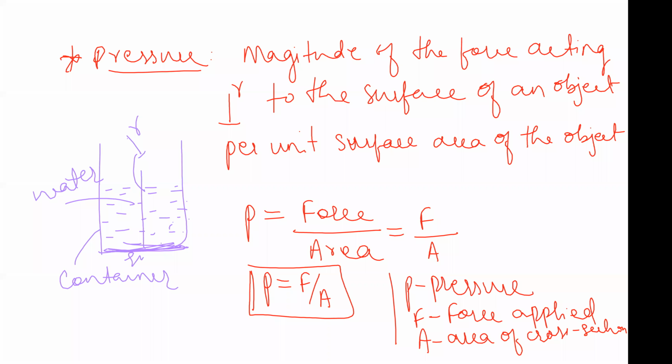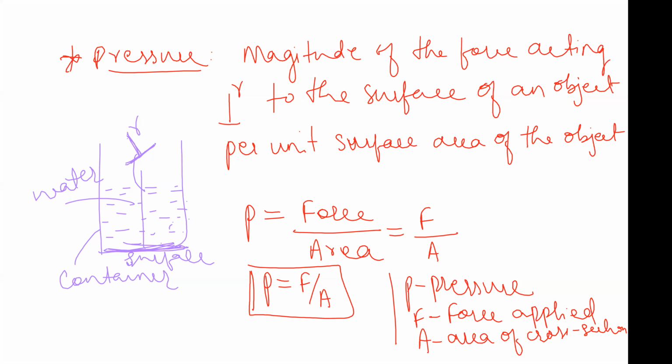This is the surface of the container, and the water exerts the force on this surface, perpendicular to the surface. We use the perpendicular symbol, the right angle symbol. So the water applies a force on the container perpendicular to the surface.